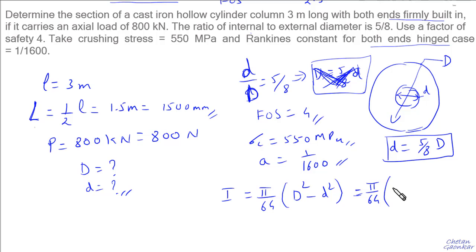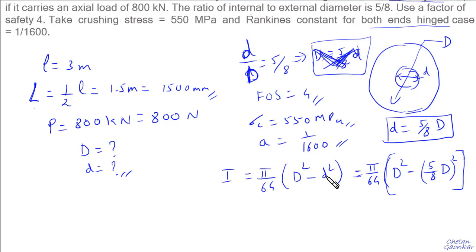Therefore what I can do here is keep this capital D as it is, and the internal diameter I can replace as 5 by 8 times the capital D. So everywhere I'll get the expression in terms of the outer diameter. Similarly, I can calculate the area.